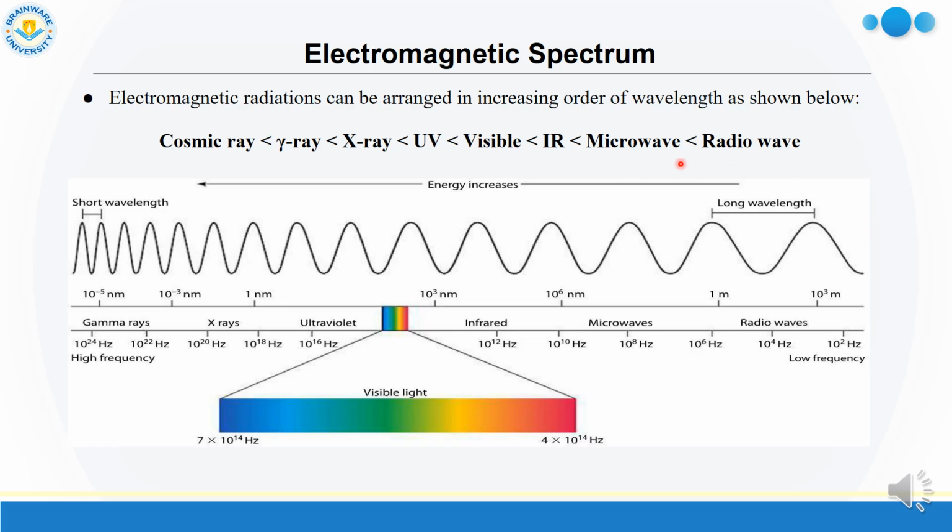So, microwave, radio wave, these are long wavelength. But high energy light like cosmic ray, gamma ray, X-ray, they have small wavelength. Now this is our visible range, wavelength nearly 400 to 800 nanometer, and the frequency range is 7 × 10^14 Hz to 4 × 10^14 Hz.